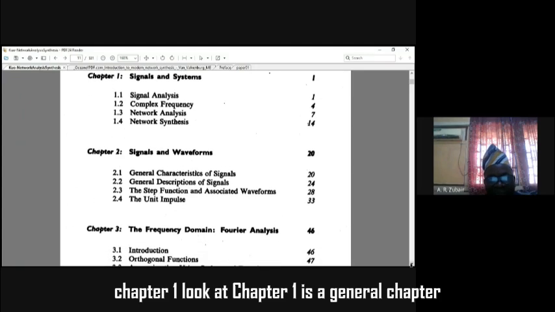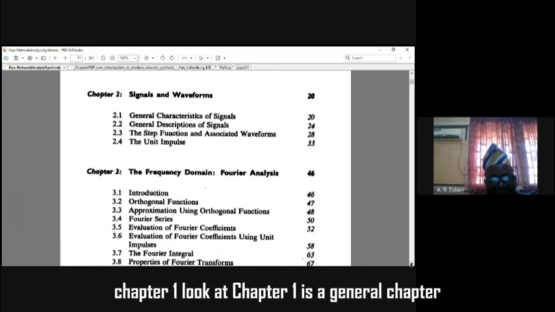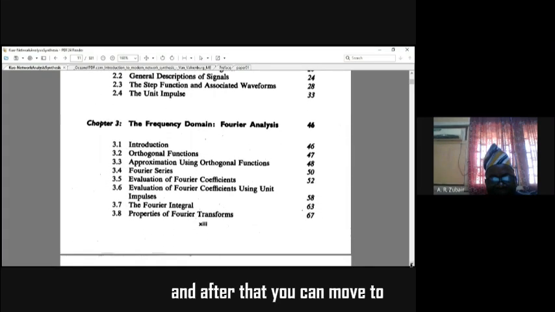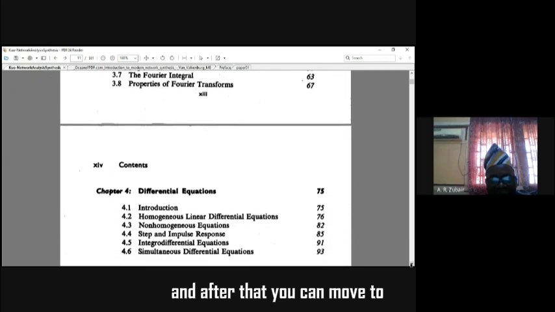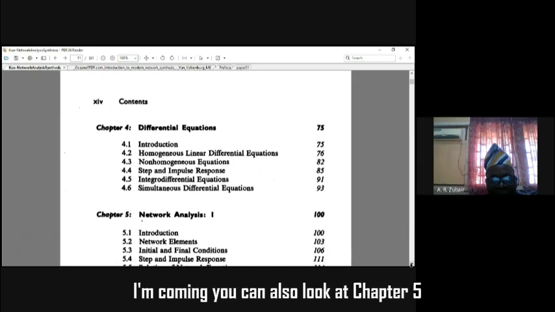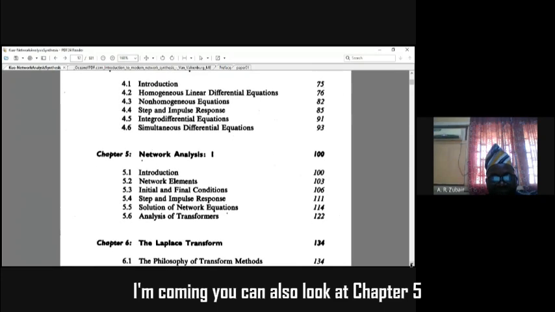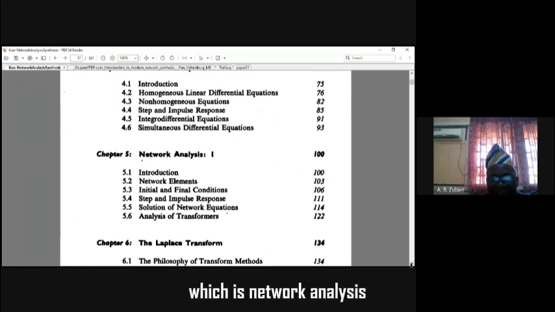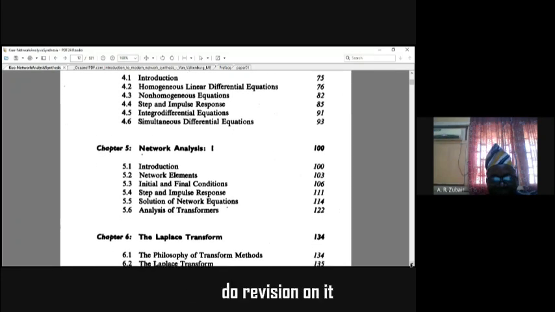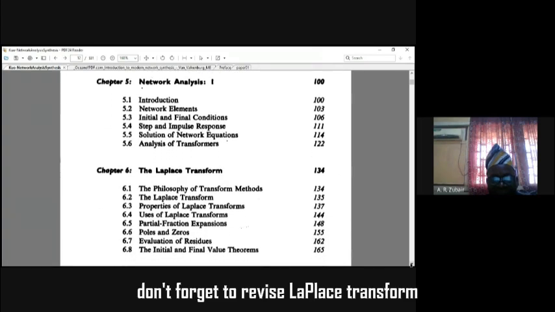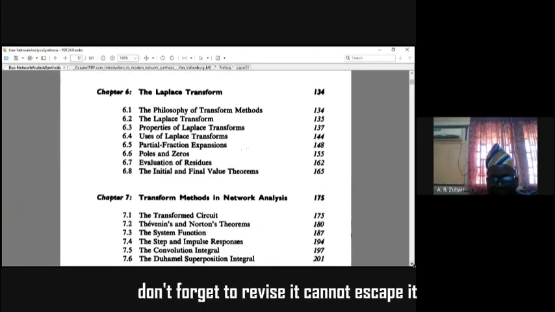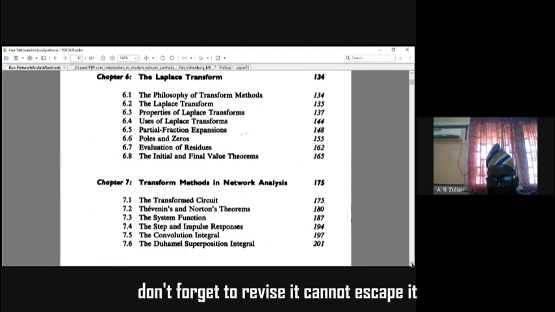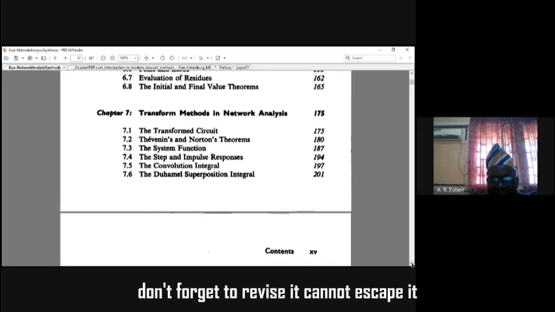Chapter 1 is a general chapter, look at it. You can also look at chapter 5, which is network analysis, and do revision on it. Don't forget to revise Laplace transform. Cannot escape it.